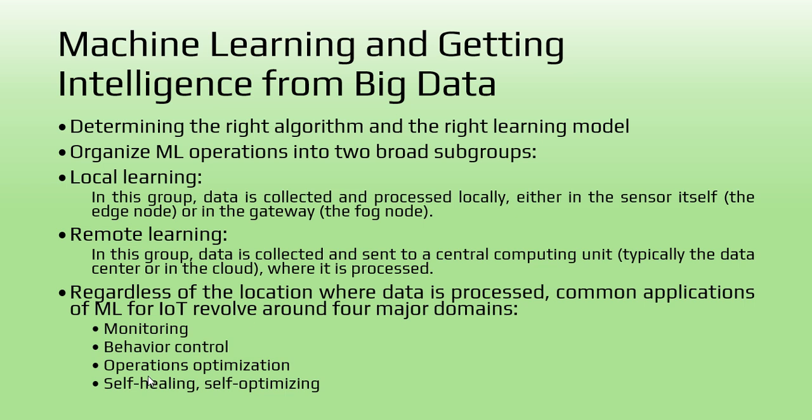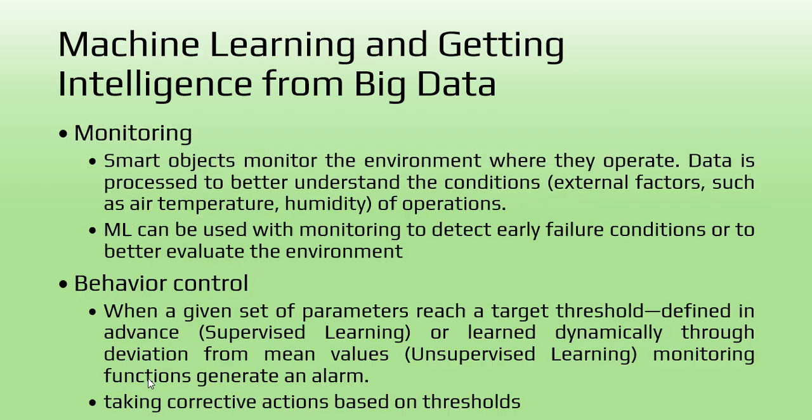They are listed below and we will see them in detail. Monitoring is the first application. Smart objects monitor the environment. The smart objects available in our IoT infrastructure basically sense and capture the data wherever they are operating.